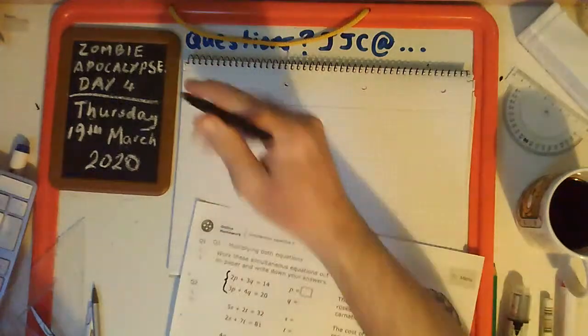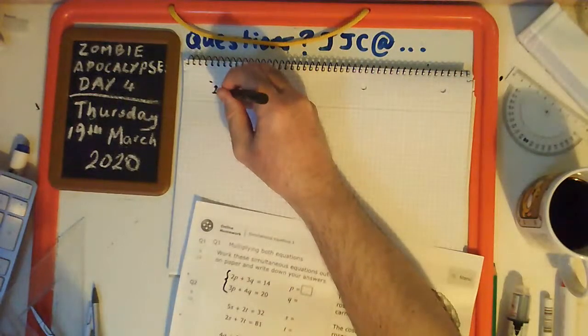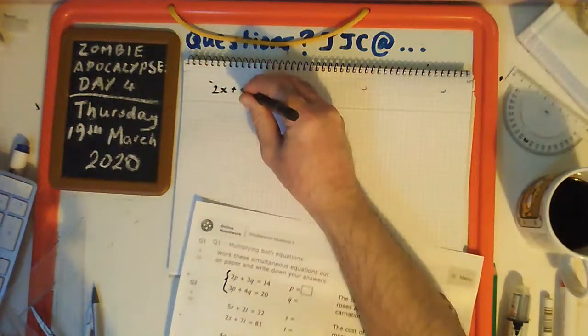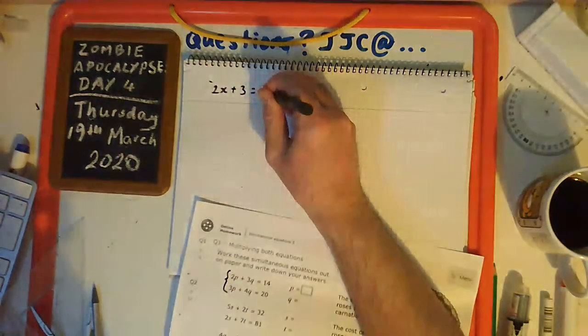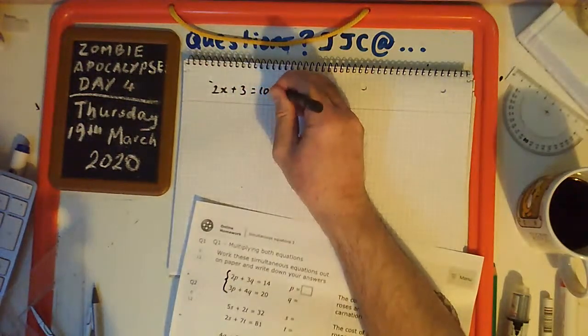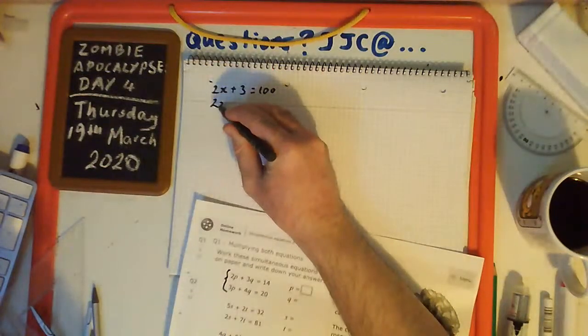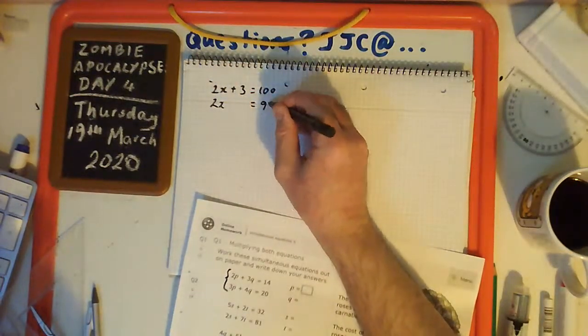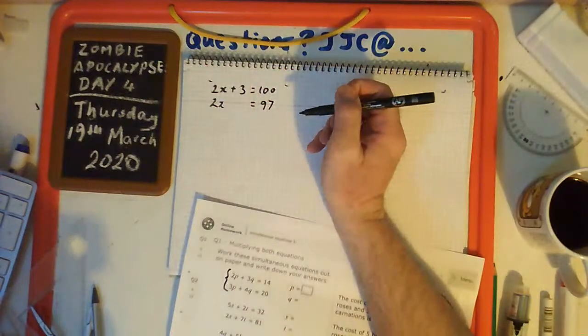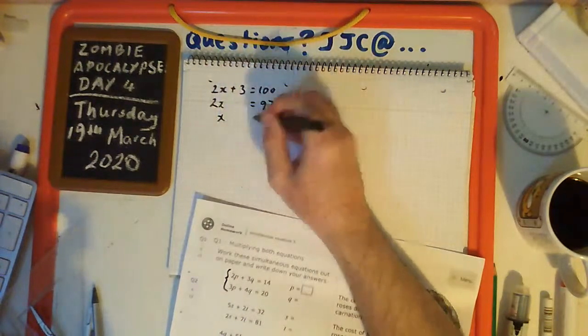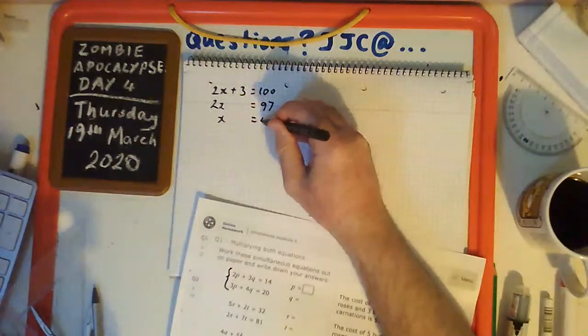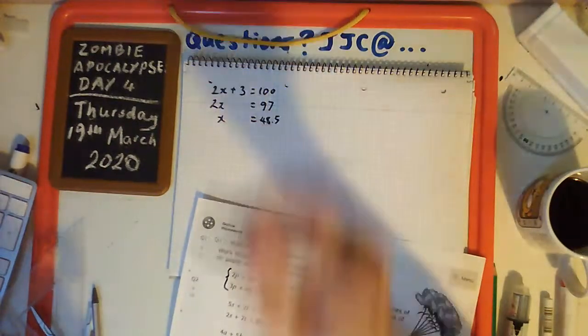Normally you have one equation with one unknown thing, like 2x plus 3 equals, I don't know, 100, for example, and you just solve it step by step by doing things to both sides, like a balance. Take away 3, divide by 2, and figure out what x is.